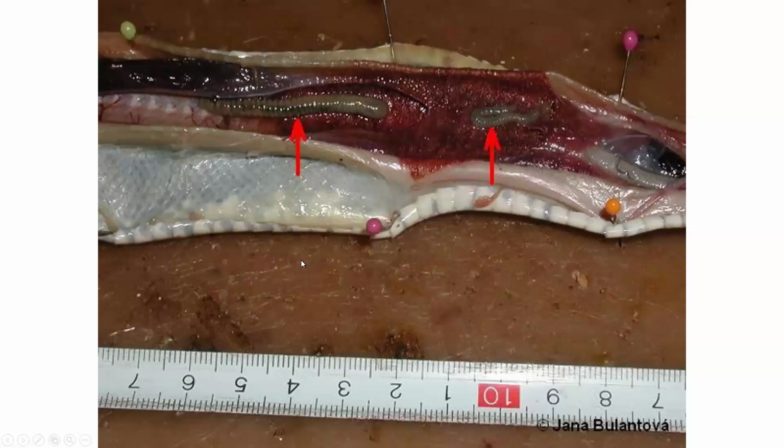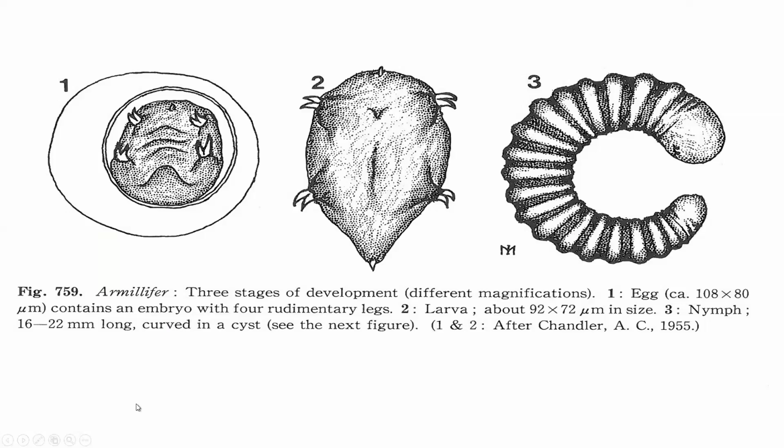So this picture shows an infected snake, and the adults are in the lung passages there. That's what they look like. But it's not the adults which affect humans, it's the larvae or nymphs which develop from the eggs.